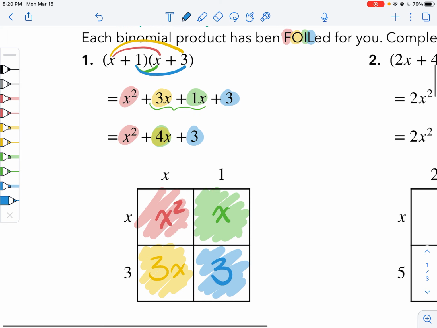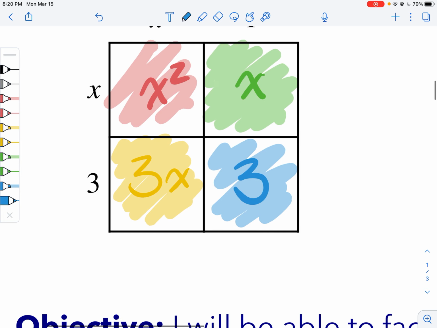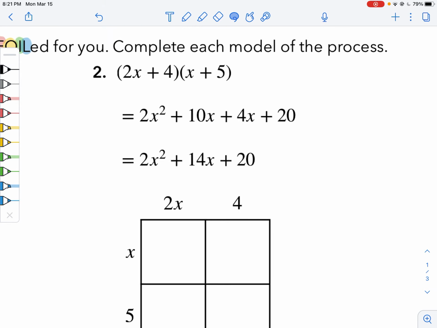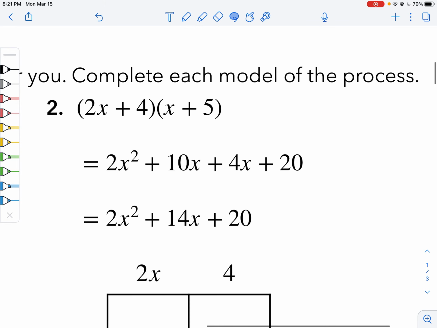If you add up all the area inside of here, you get x squared plus 3x plus x. You can add those 2 together to get 4x, plus 3. Hey, that's our original guy, x squared plus 4x plus 3. Isn't that so cool?